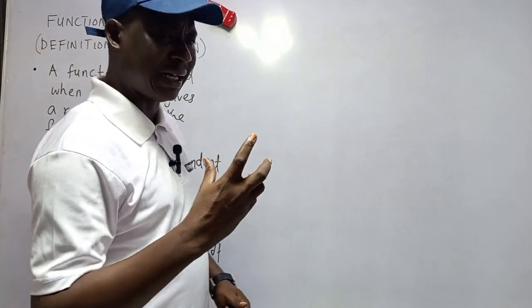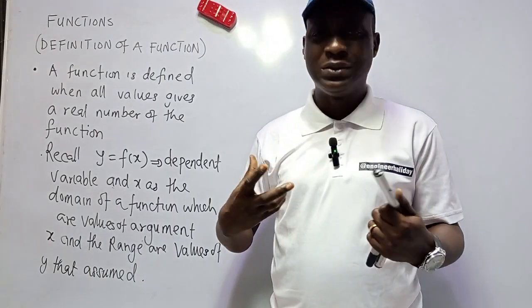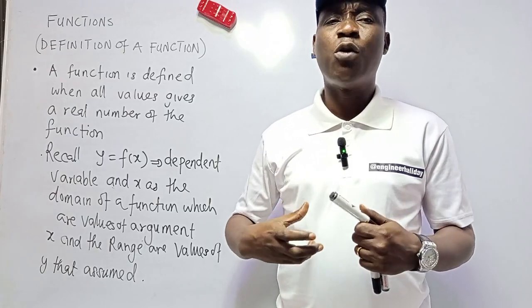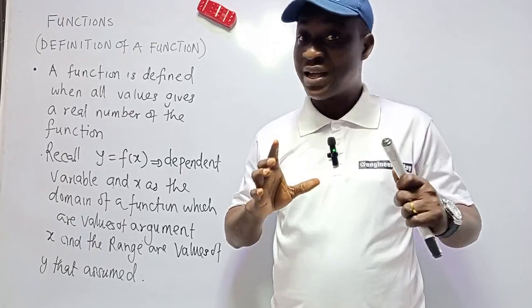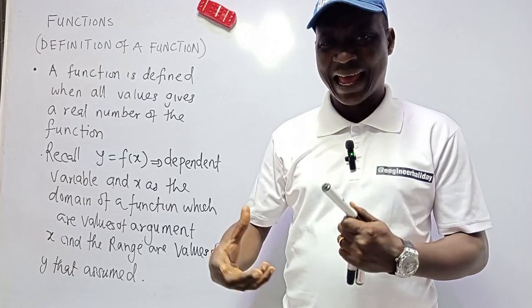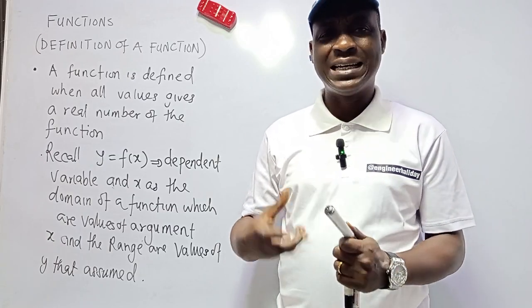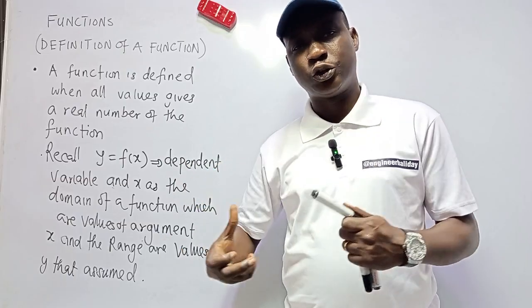Now, another thing is that when you are given a function, how do you determine under which conditions a function can be defined? Because that's very important. Sometimes they give you a function to analyze, and they will tell you to find the values of x, or the values of y, for which the function is defined.